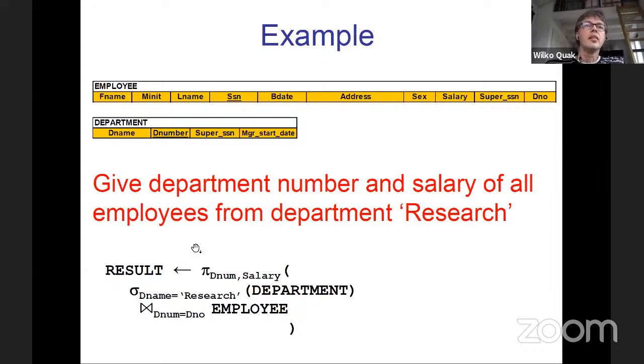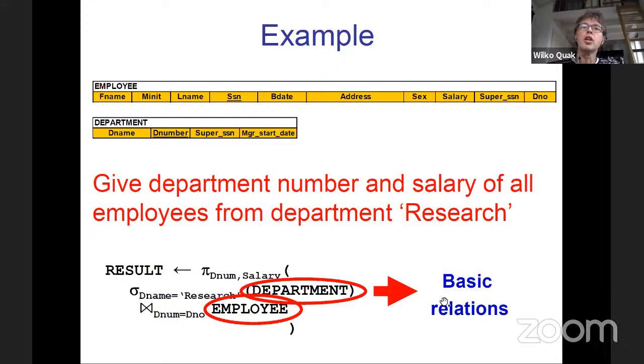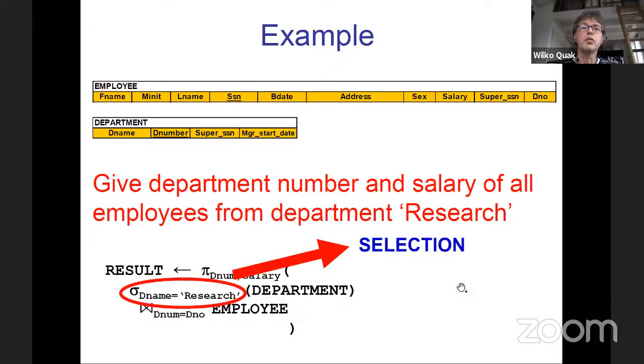And this would be the relational algebraic operation. It looks a bit complicated, but it's not so complicated. The only thing they do is, instead of using plus and minus and times, they have these nice things like a pi for a projection, or a sigma for a selection, and this sign for join. And here you recognize the table names. These are basic relations or tables. This is the selection operator. This is one of the algebraic operations.